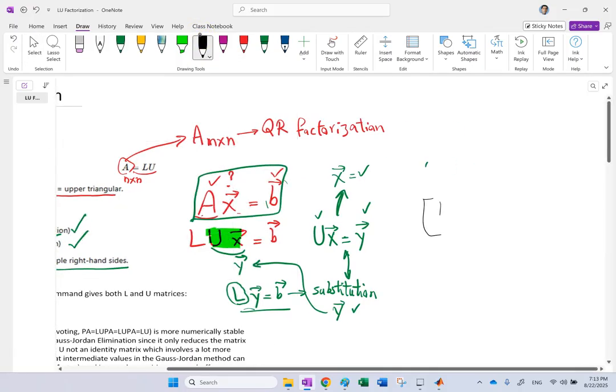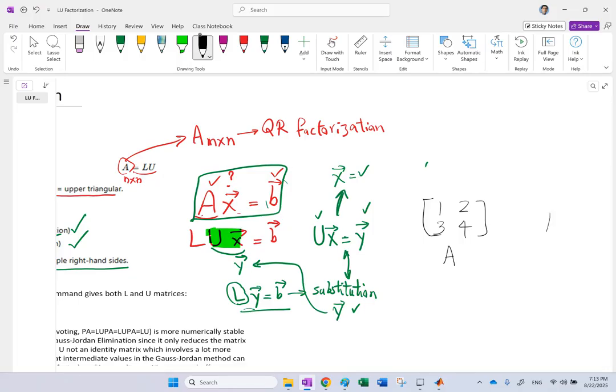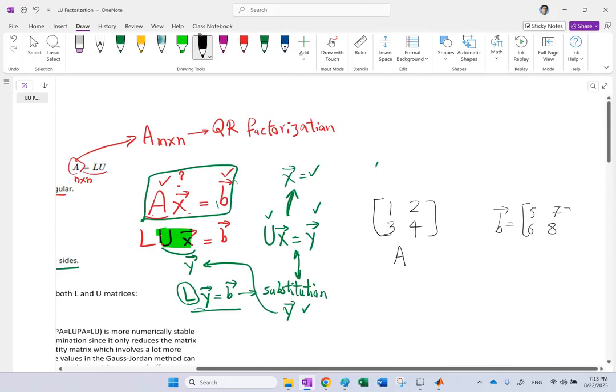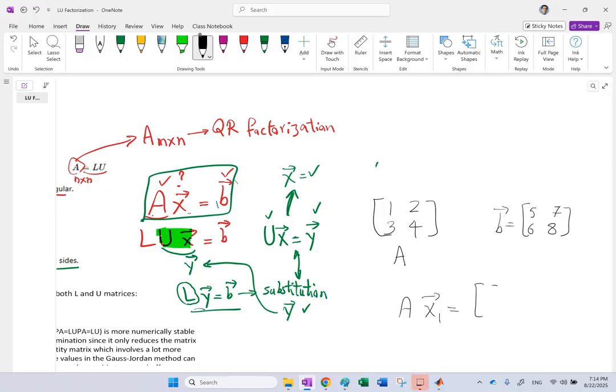Okay, for instance, let's say A is like 1, 2, 3, and 4, and B is like 5, 6, 7, and 8. So what does that mean? It means A times the first column of X equals the first column of B, which is 5 and 6, and then A times the second column of X equals the second column of B, which is 7 and 8.